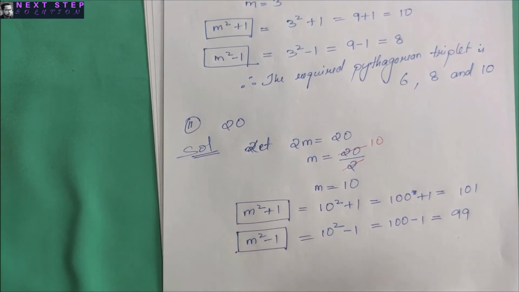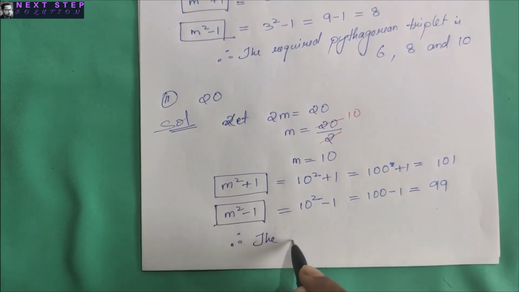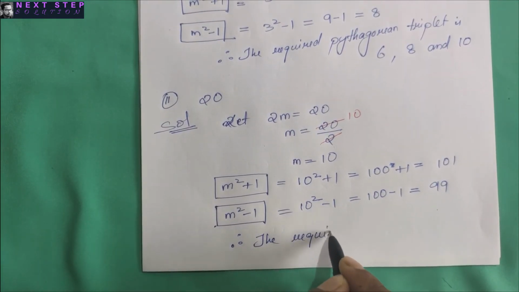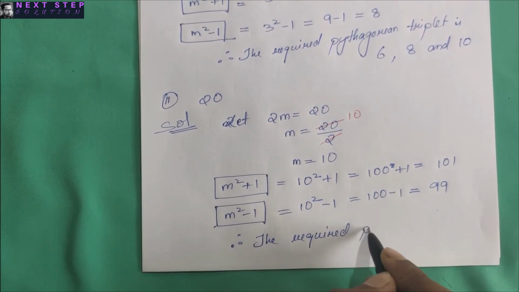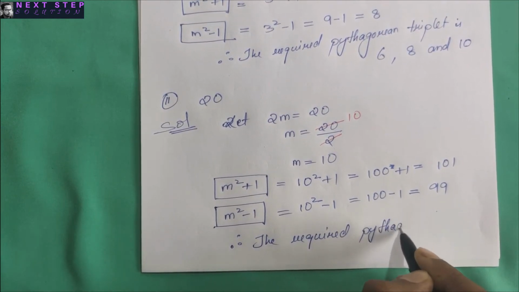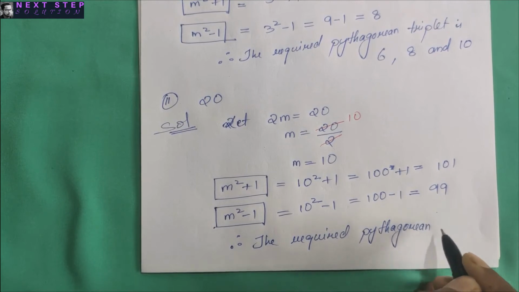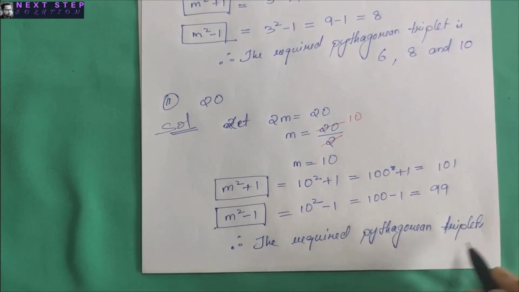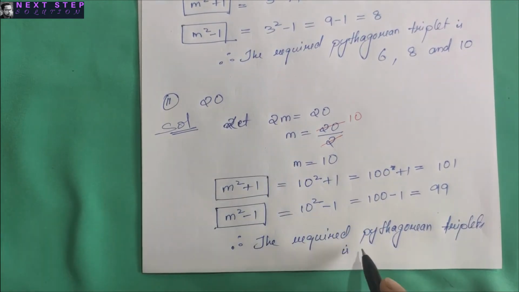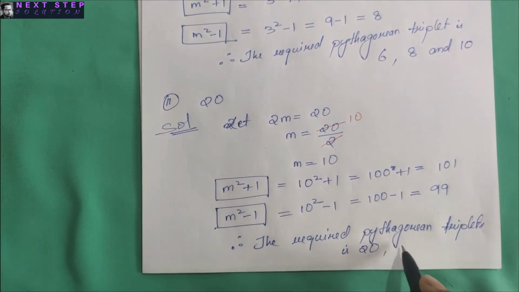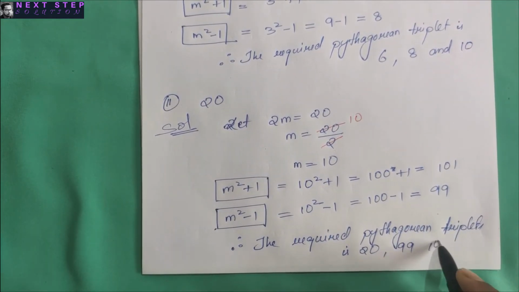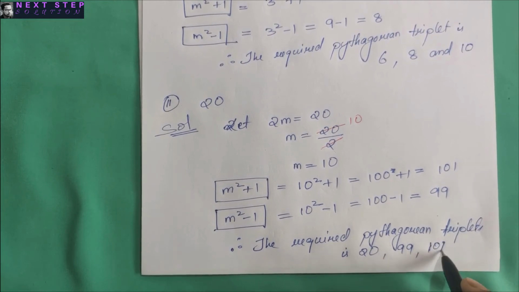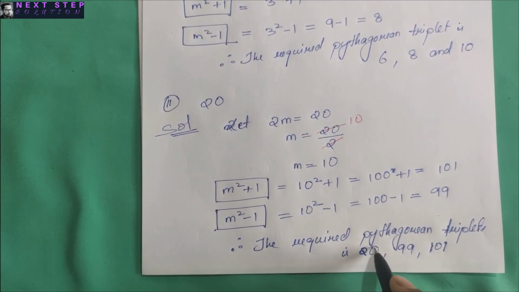So the required Pythagorean triplet is 20 was given, 99 we have calculated, and 101 we have calculated. These three numbers together are called the Pythagorean triplet.